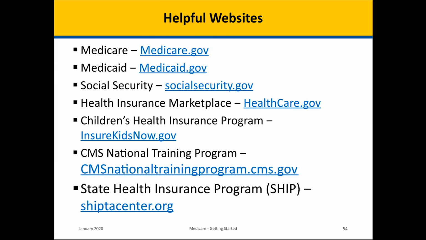On the state health insurance programs, the SHIP, these are state agencies that help with any Medicare issues, and there are volunteers in every state where you can get assistance with your Medicare questions. So I wanted to include that.